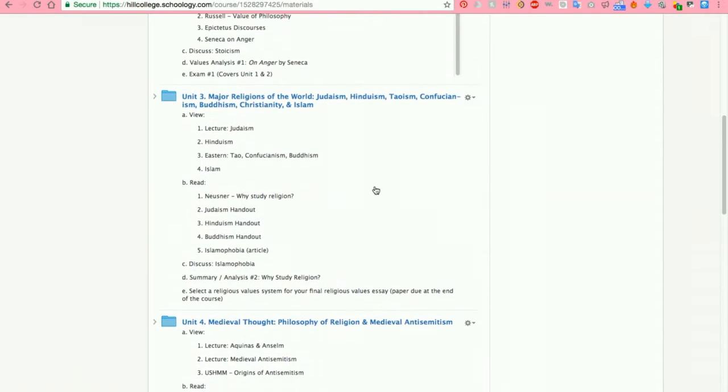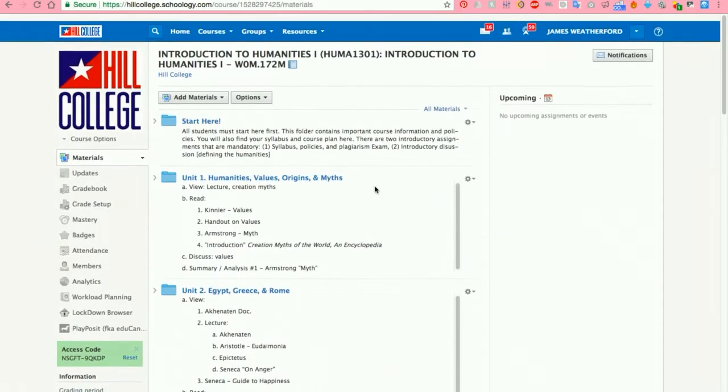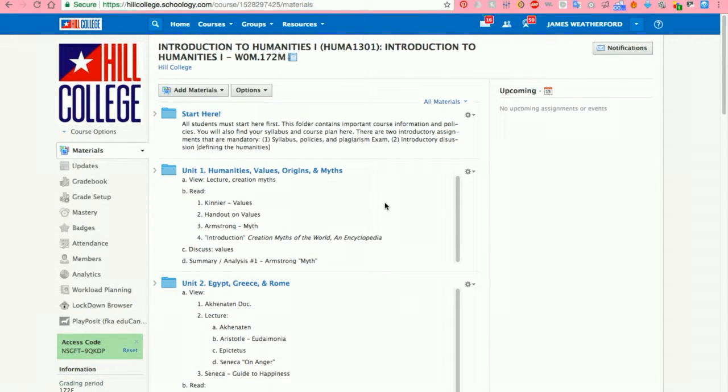So the beginning and the end of the unit may fall somewhere in the middle of the week. If you're in a 16-week or an 18-week course, it ends on Sunday and starts on Monday, that kind of regime. So we'll see. It just depends what course you're in.